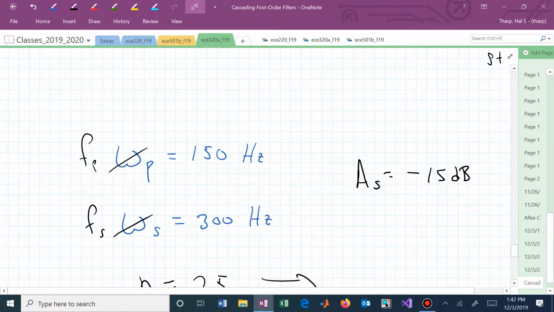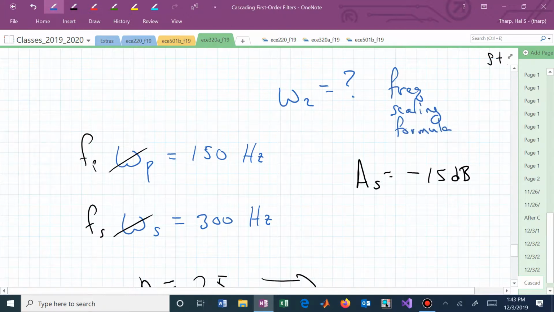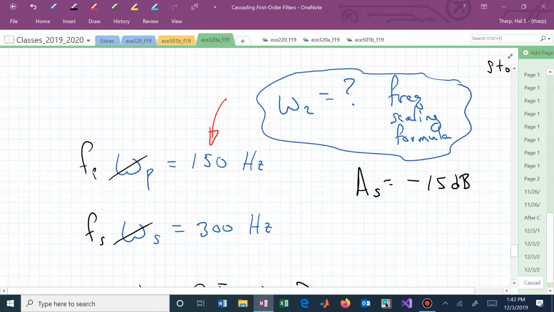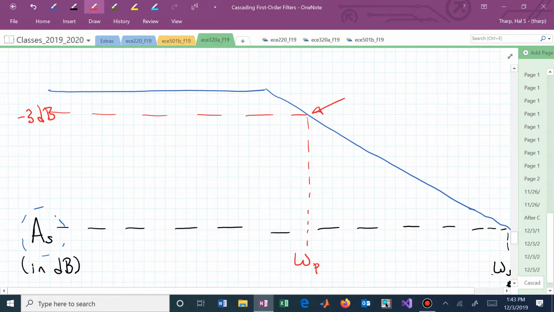Do we have enough information? What is omega 2 in this frequency scaling formula? We wanted our passband to be 150 hertz, didn't we? That was right here. That's this frequency. We want that to be our denormalized bandwidth. We want that to be our new bandwidth.